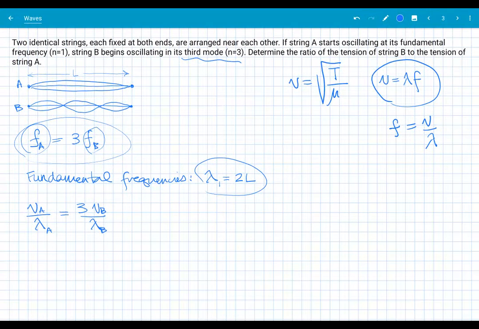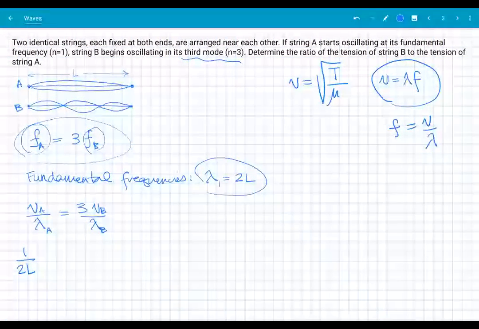Okay, so if I know that wavelength is equal to 2L and I know that the strings are identical in these two cases, then I can rewrite this equation a little bit more. I can write this as 1 over 2L in place of the wavelength.